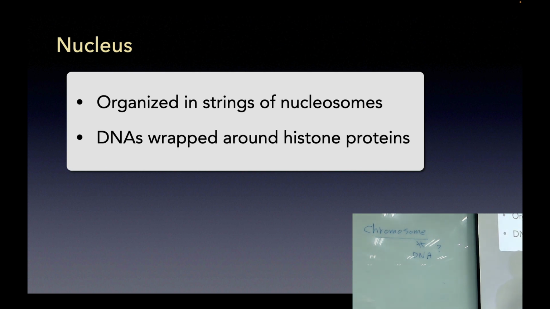Histone protein would contain this particular amino acid very abundantly. 1, positively charged amino acid. 2, hydrophobic amino acid. 3, negatively charged amino acid. You pick one out of 3. You have a very high chance of being correct simply by guessing. What do you think?